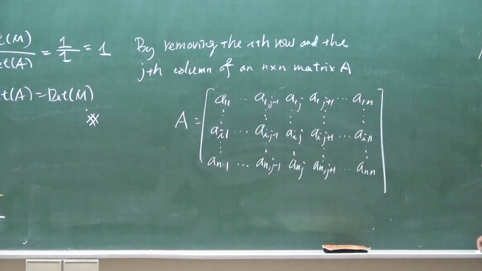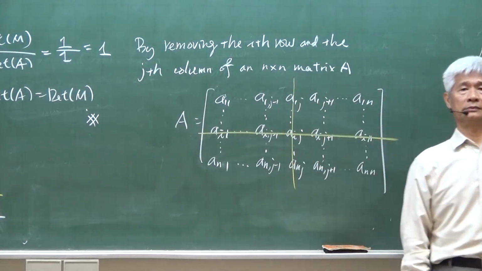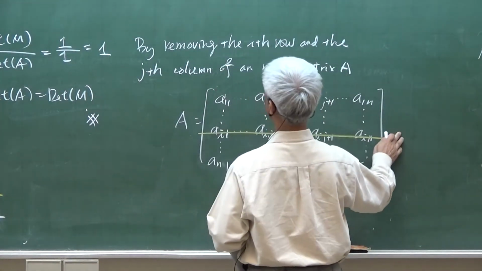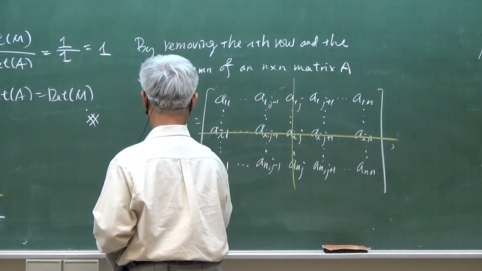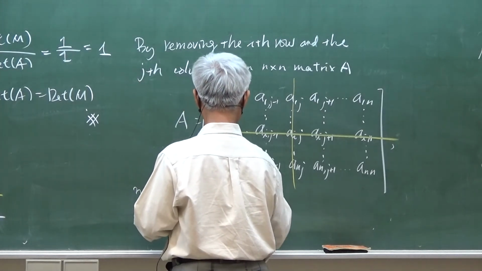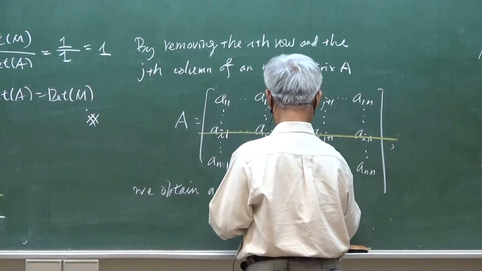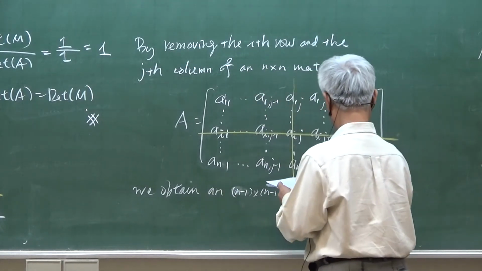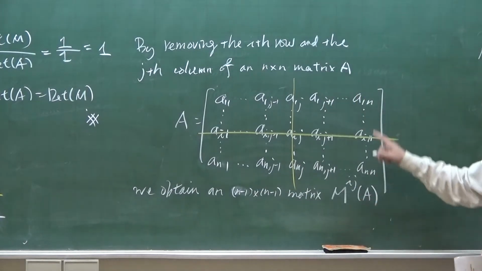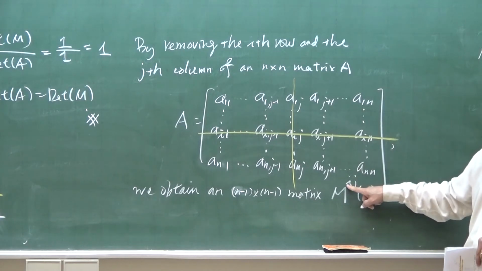Okay, so we just remove the ith row and the jth column, and suddenly we obtain an n minus 1 times n minus 1 matrix. The name will be Mij(A). So this matrix is from the original matrix A by removing the ith row and the jth column.